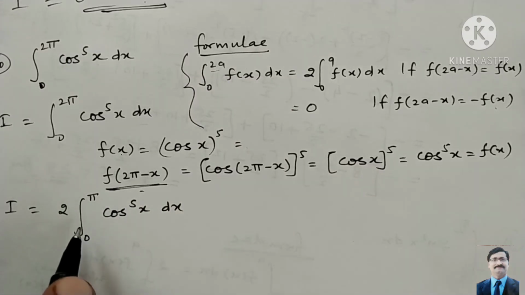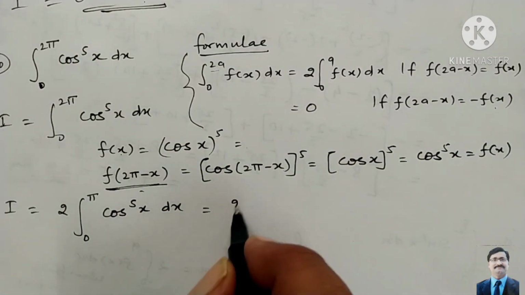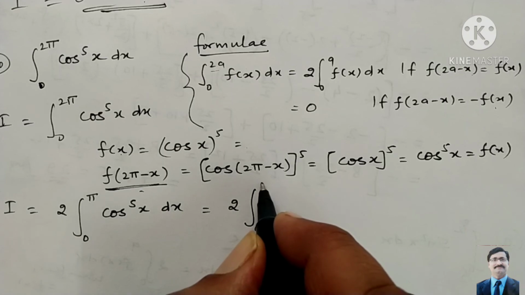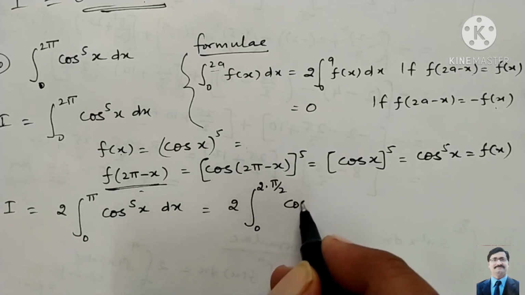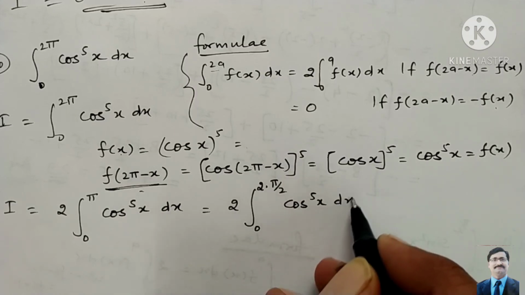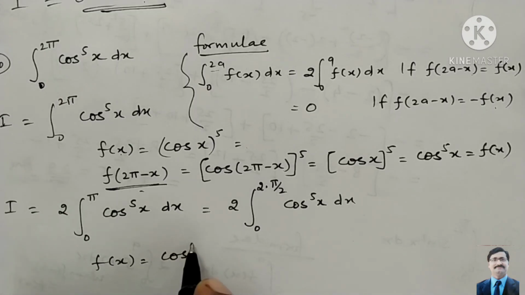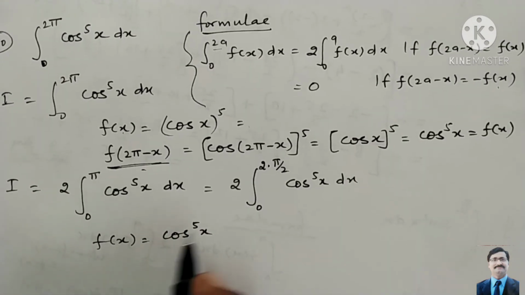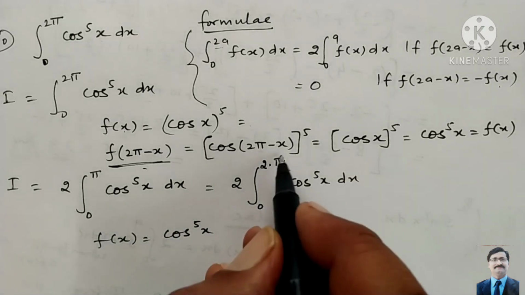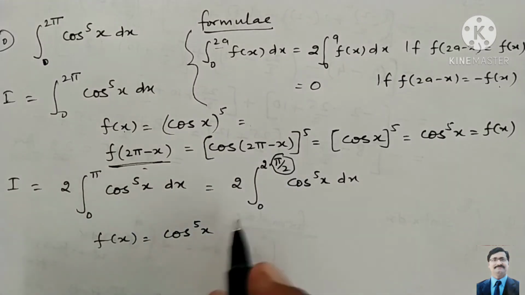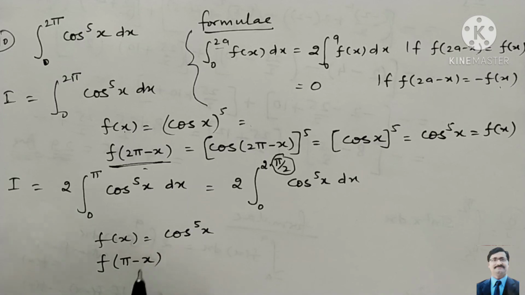Okay, now again we will use this formula. So what we do here: this is double, and the integral from 0 to 2 × π/2 of cos⁵x dx. Again f(x) is cos⁵x. Okay, now again, here this is a, and in place of x we will put π − x.